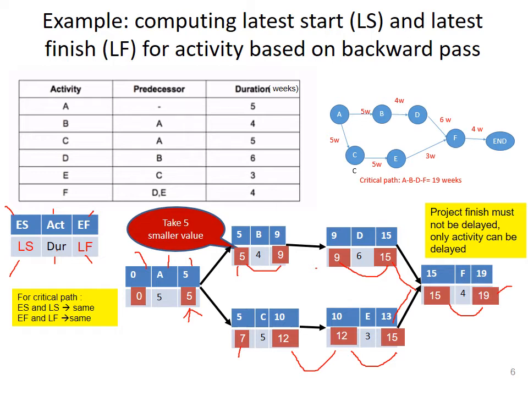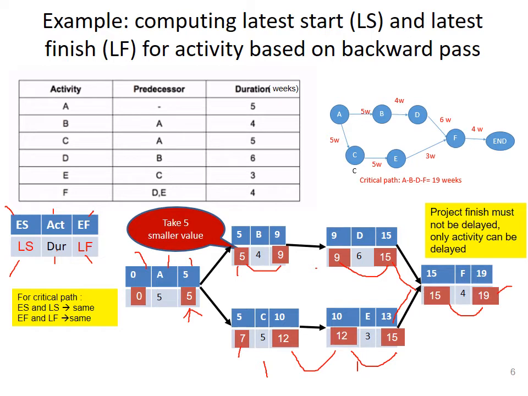Maknanya tidak berubah, earliest start time and latest start time, earliest finish time and latest finish time sama saja. Yang hanya ada different ialah untuk aktiviti C dan aktiviti E. Contohnya aktiviti C paling awal earliest start time is week 5, latest start time ialah week 7.